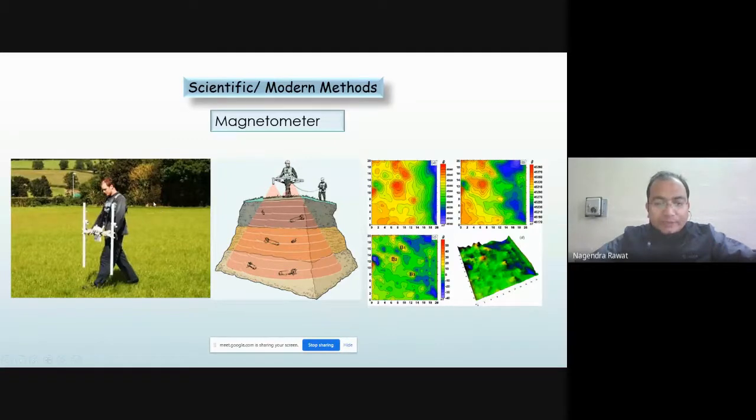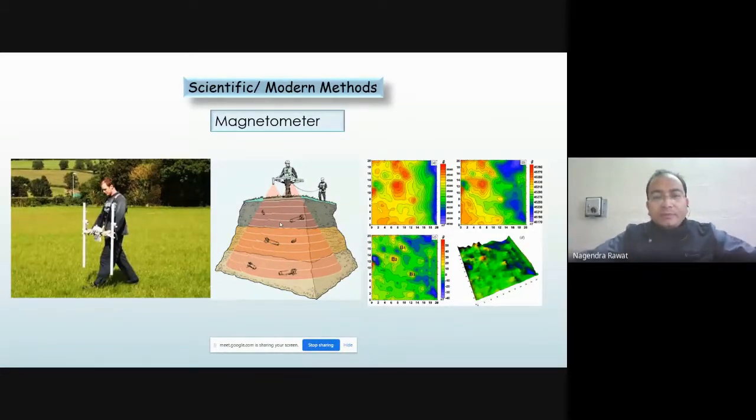In the first image, we can see a person holding the magnetometer and scanning the ground. In the second image, we can see how it works, and in the third image, we can see what kind of result we get after this particular exercise.